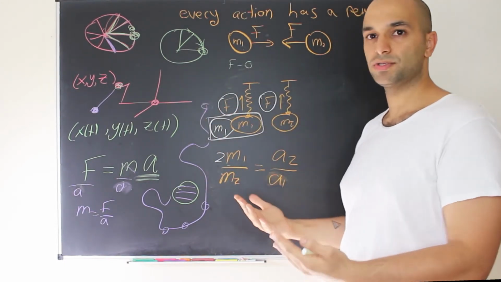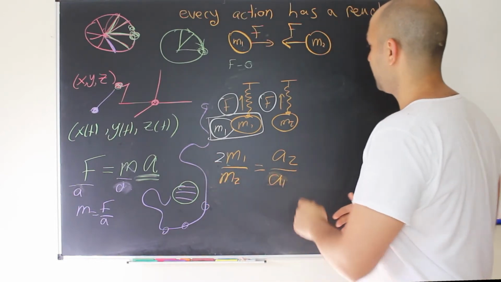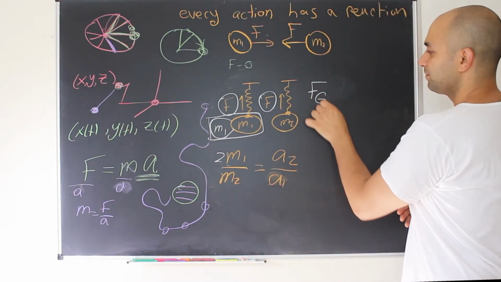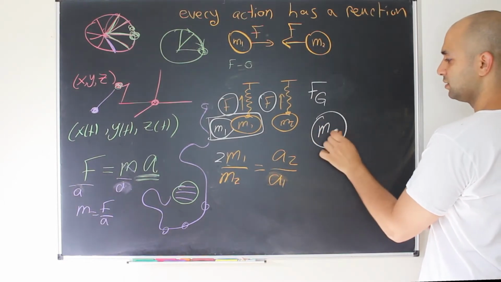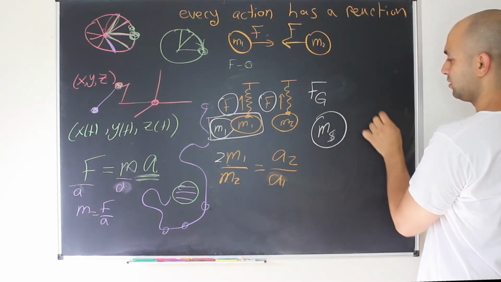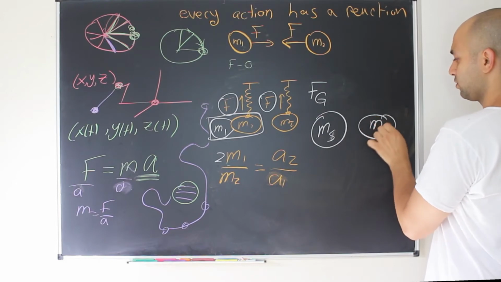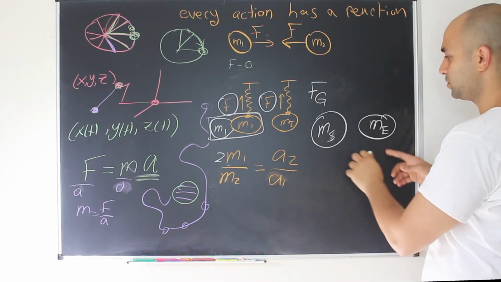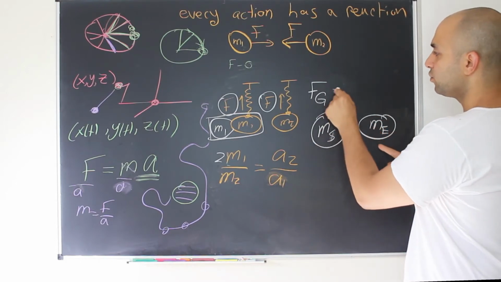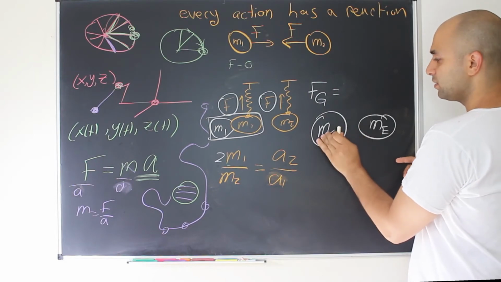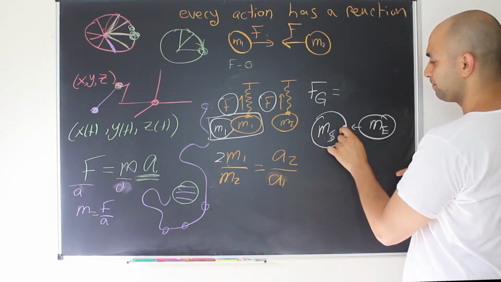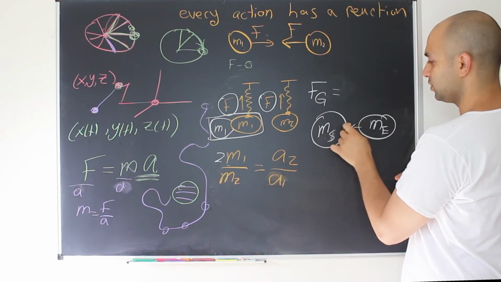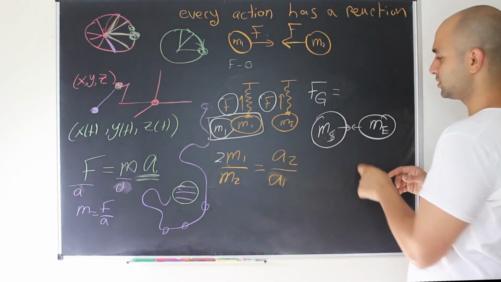So I can propose, or Newton did propose, that for gravity, if you have m1, this is the sun, let's say ms, and then you have m earth, it's obviously not to proportion. The sun has a force on the earth that's directed towards the sun, and the sun also has a force on it that's directed towards the earth.